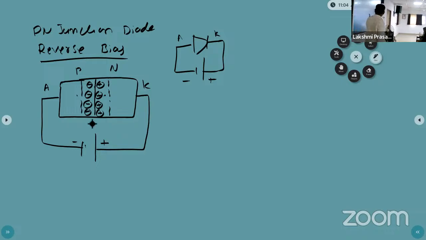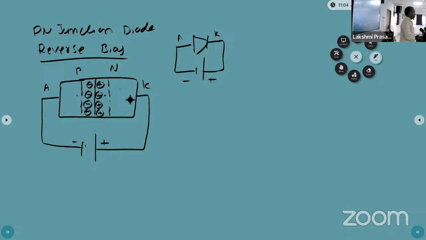Okay, initially without applying the battery, some barrier is developed. That barrier is this. Now we are connecting the battery supply positive terminal to the cathode and negative terminal to the anode.